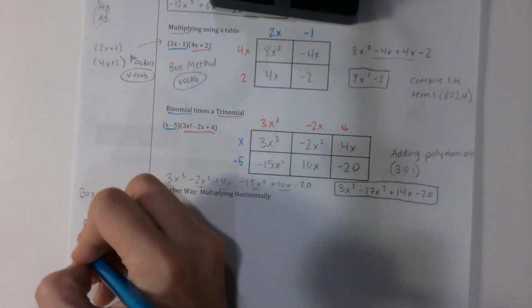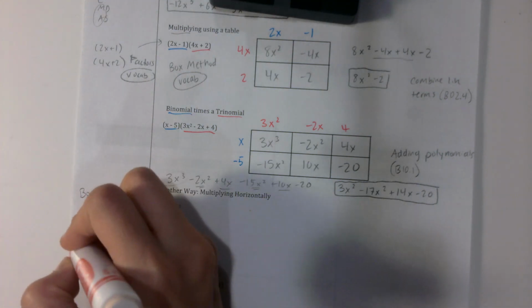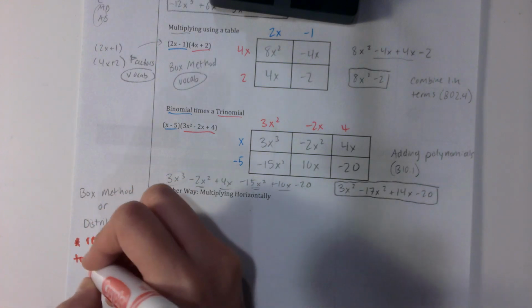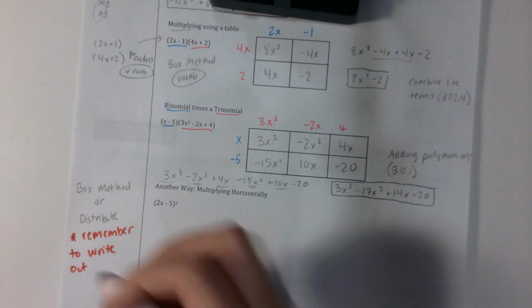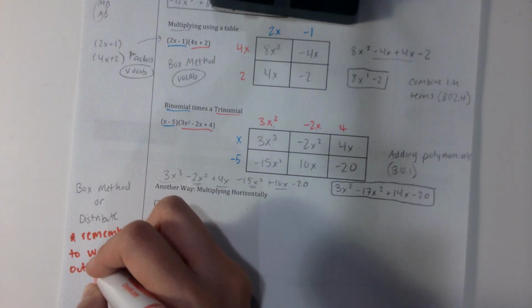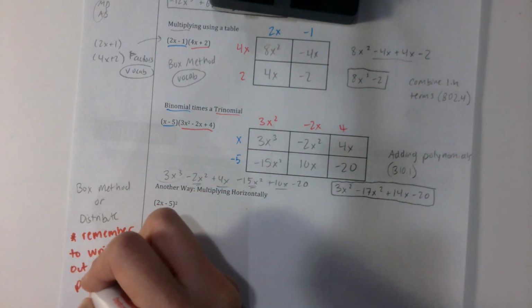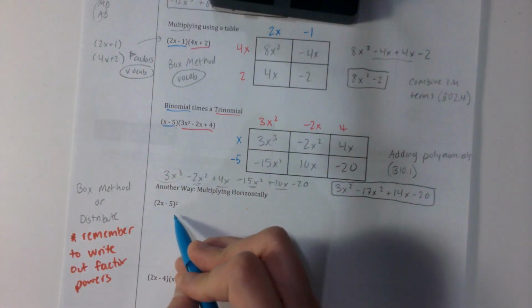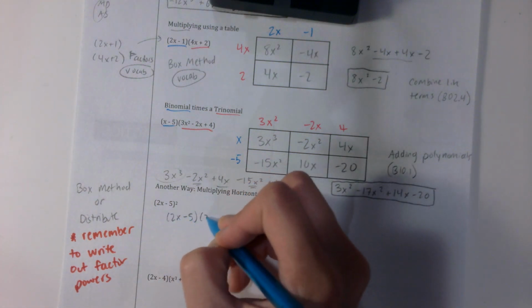And for this one, we're going to write out the factor powers. I'll show you what I mean in a second. We're going to write this out and multiply it horizontally. So we're going to write this as 2x minus 5 times 2x minus 5.